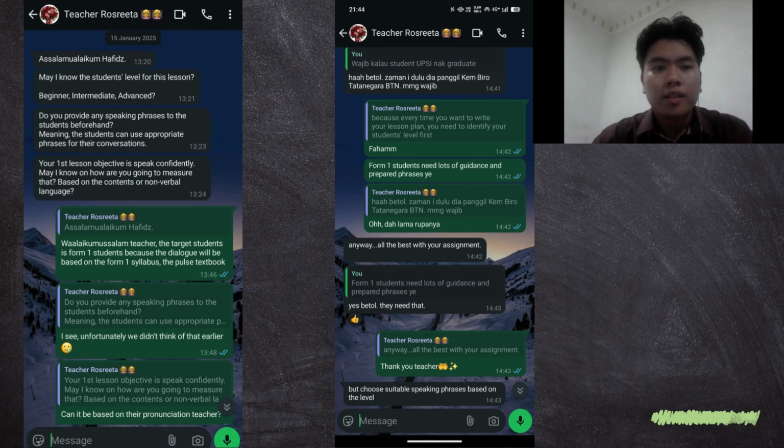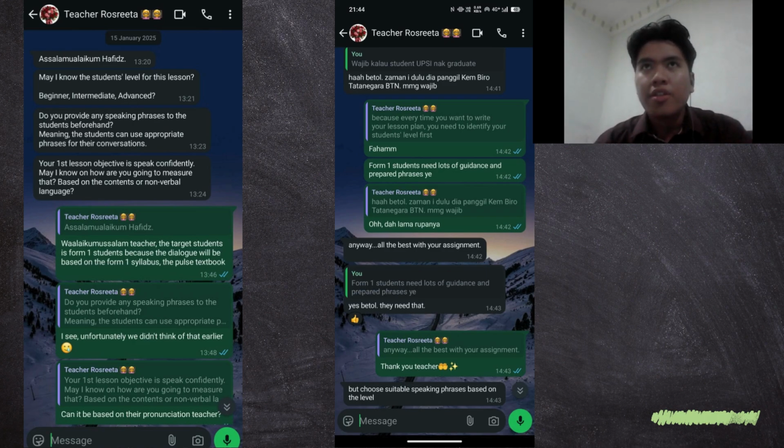Thank you. Now, talking about the second teacher's feedback, the teacher said that I would need to be clear about the students' level for the lesson and whether or not I provided speaking phrases for the students beforehand. The second teacher emphasized that my activity needs to have phrases prepared by the teacher to help the students engage in those conversations, because Form 1 students are not that familiar with speaking in English often.